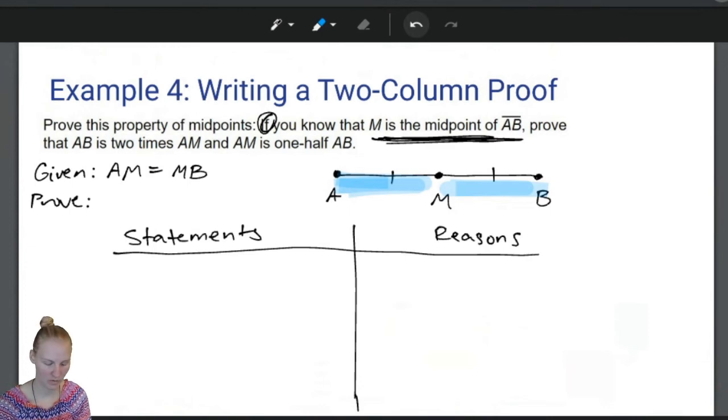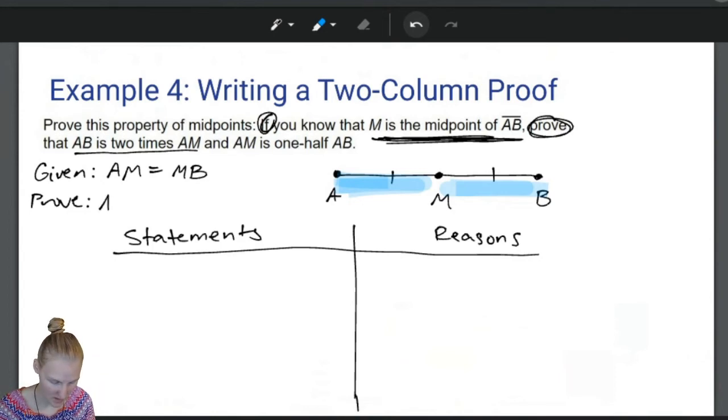Okay, now what are we trying to prove? Well, it says right here, prove that AB is 2 times AM. Let's put that in math speak: AB equals 2 times AM.